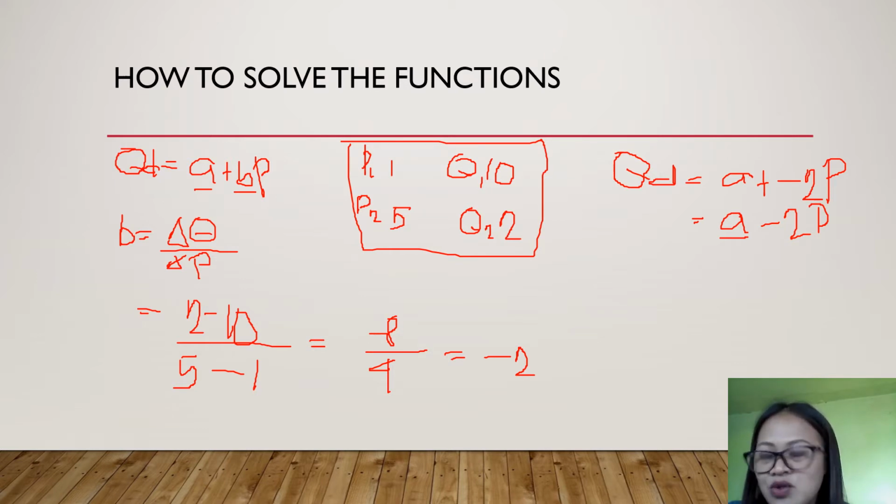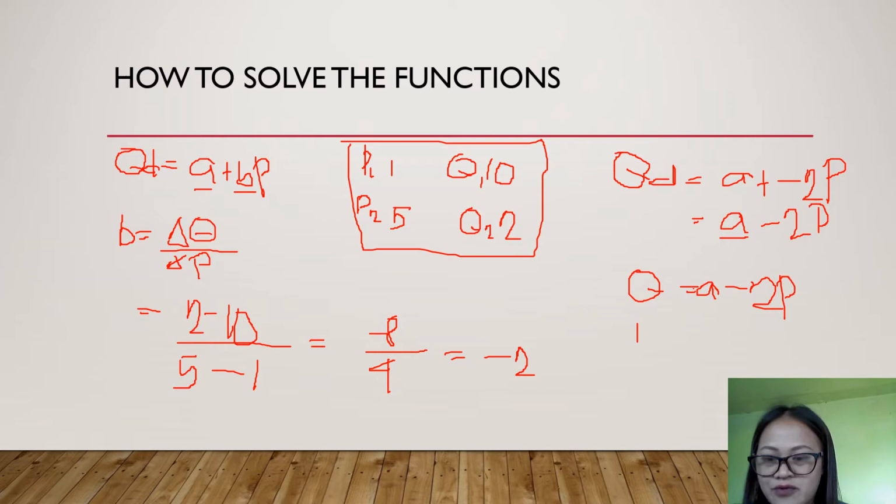So, for example, dito, we are going to derive the function of A. Therefore, quantity is equivalent to A minus 2P. So, we find a value of Q. Pwede natin kunin dito. Pwedeng 10, pwedeng 2.